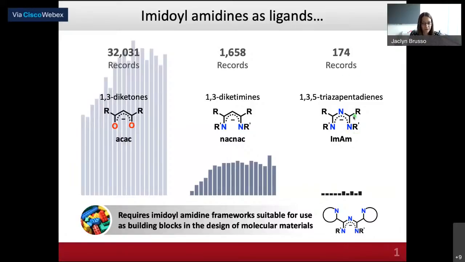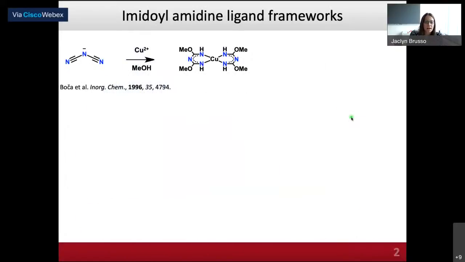Now, we aren't the first ones to explore imidoyl amidines, as I mentioned. While it's only a few handfuls of these records, they did come before we started exploring imidoyl amidines. The first report was in 1996, in which this bismethoxy imidoyl amidine ligand was generated in situ through the reaction of the dicyanoamidate with a copper salt in a methanol solution.